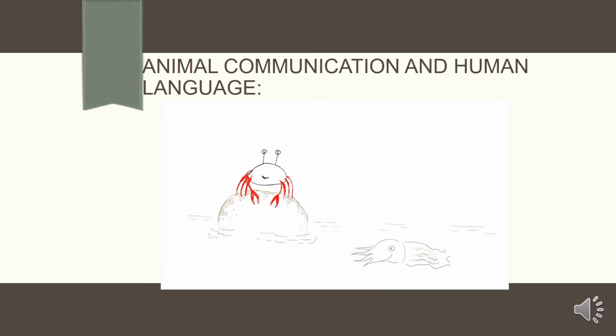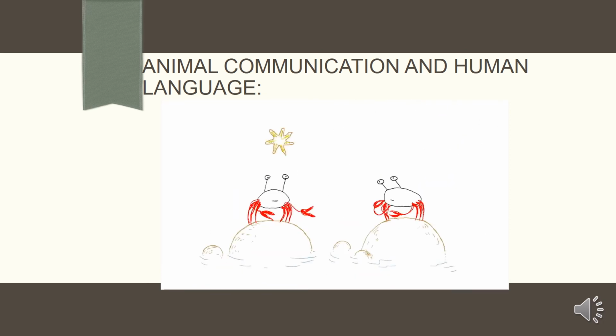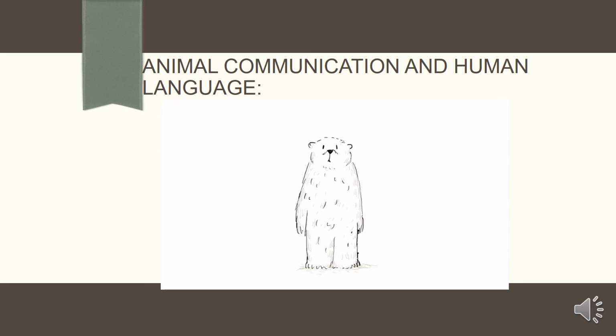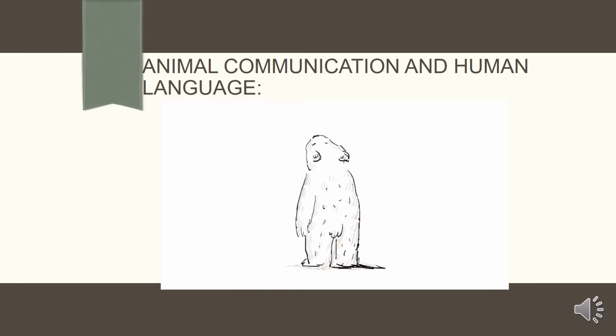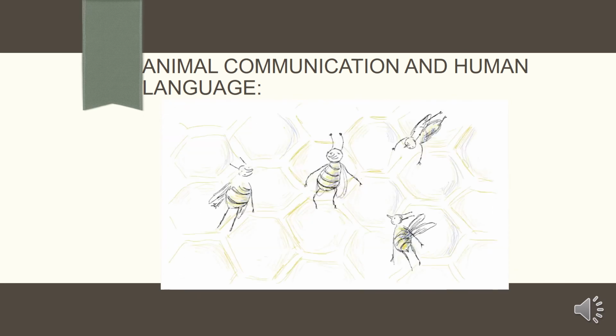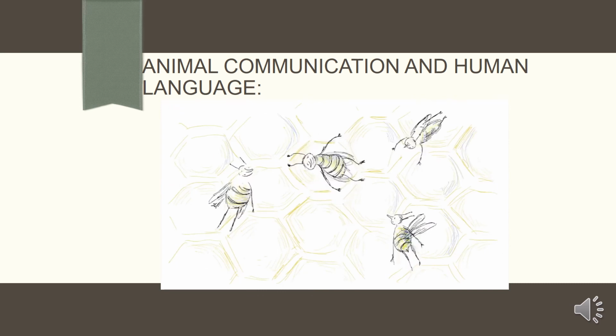For crabs and cuttlefish, the answer is no. They don't combine their signals in creative ways. Those signals also don't have to be in a grammatical order. And they only communicate current conditions, like I am healthy or I am poisonous. But some animals actually do display some of these properties. Bees use the moves, angle, duration, and intensity of their waggle dance to describe the location and richness of a food source.